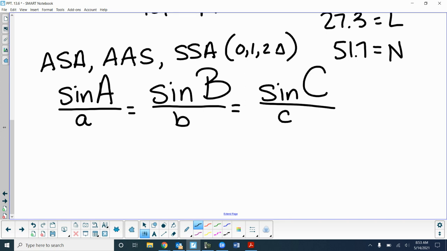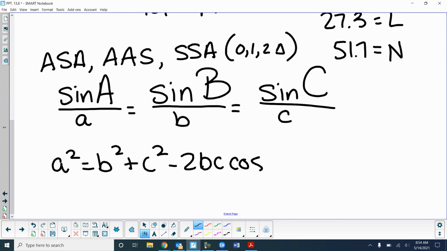And then law of cosines is b squared plus c squared minus 2bc cosine of angle A. And then you just interchange A, B, and C depending on which one you're looking for, right? And that was side, angle, side situations and side, side, side.